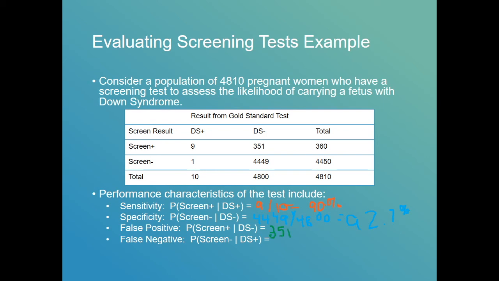Those people that on our new test screened positive, but truly were negative. So we have 351 divided by all of those who were negative, 4,800. And this is going to come back as 0.073 or 7.3%.